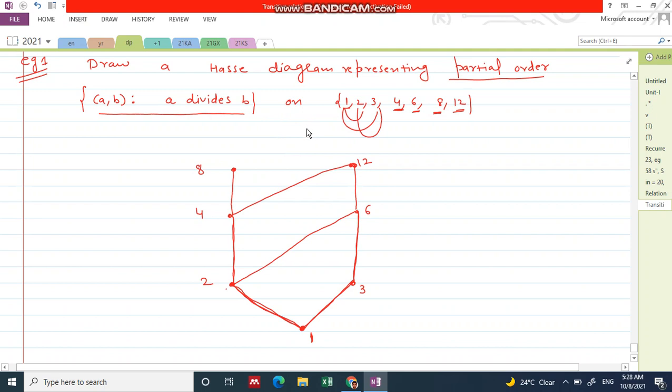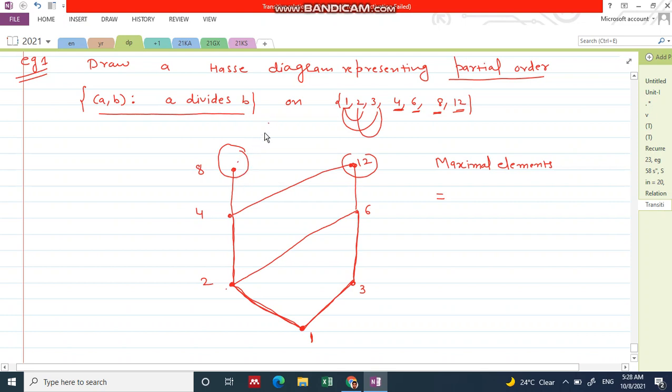Once we have the Hasse diagram, we want to find some elements in it. First we find the maximal elements. Maximal elements are always found at the top of the Hasse diagram, and these are those elements which are not connected further with any other element.